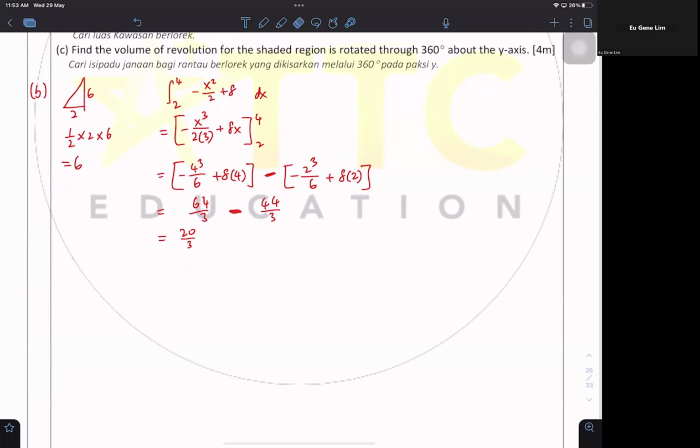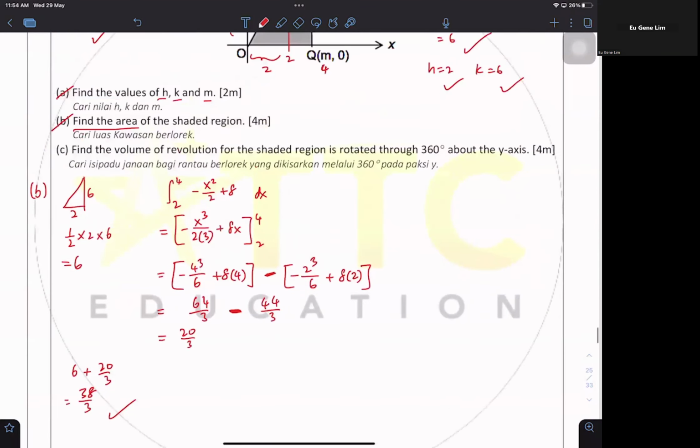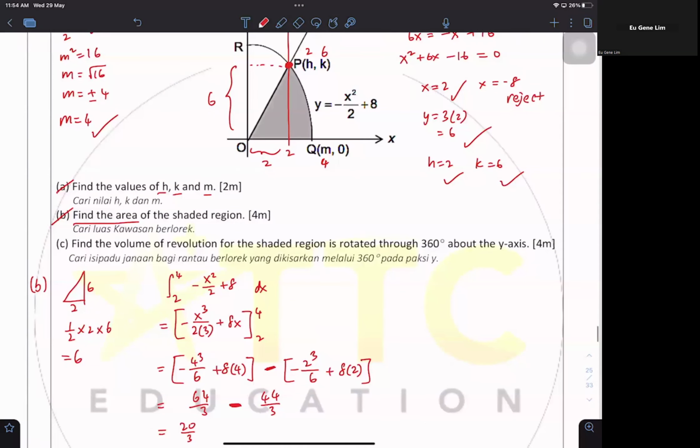So this is not the final answer yet. 6 plus 20 over 3. Yeah, correct. Finally, 38 over 3. Okay, good. Yeah, area is okay lah. You just have to cut it properly.